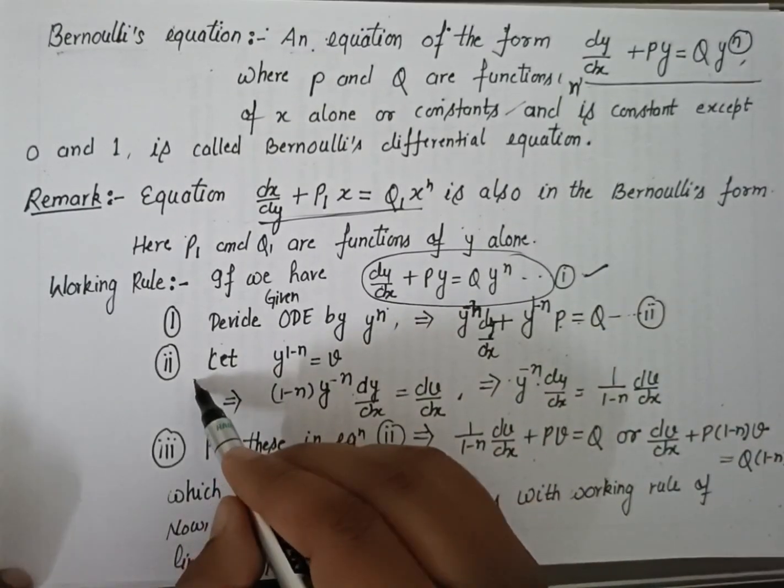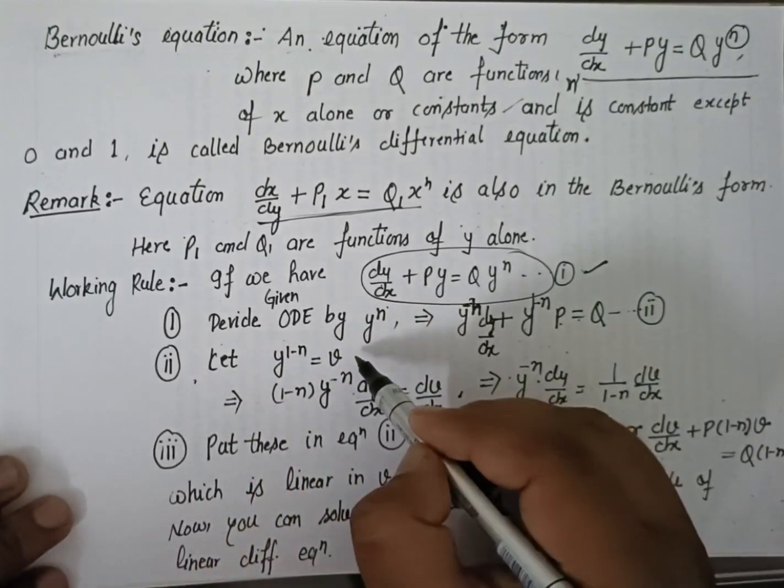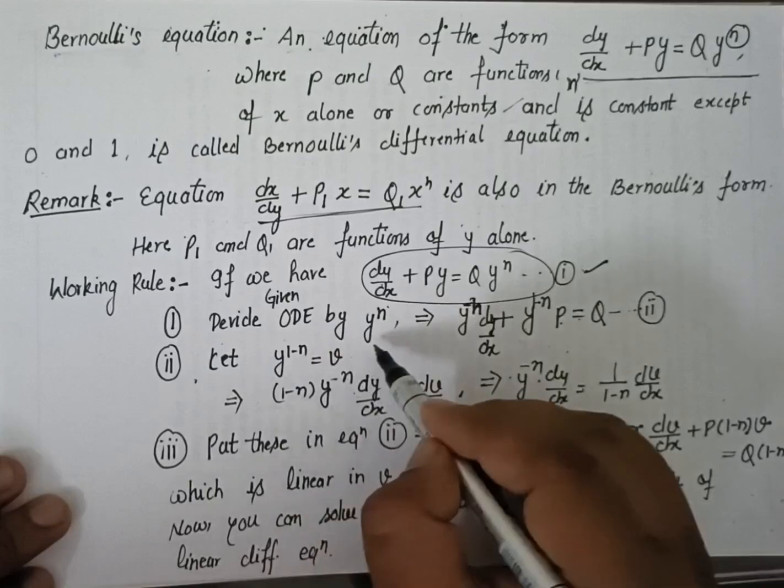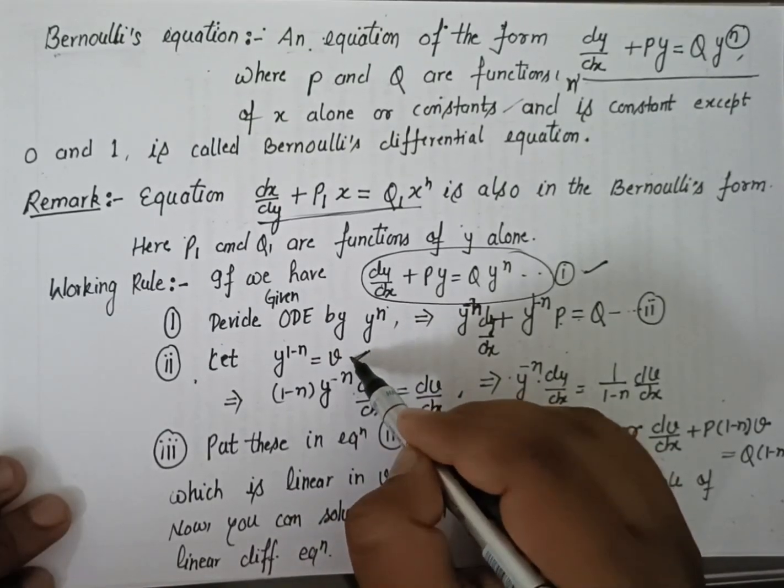In the second step, we suppose y^(1-n) = v.